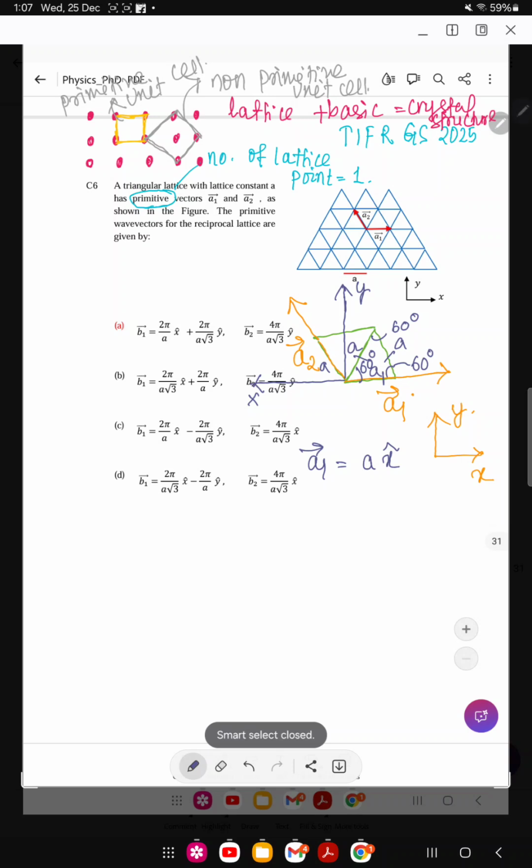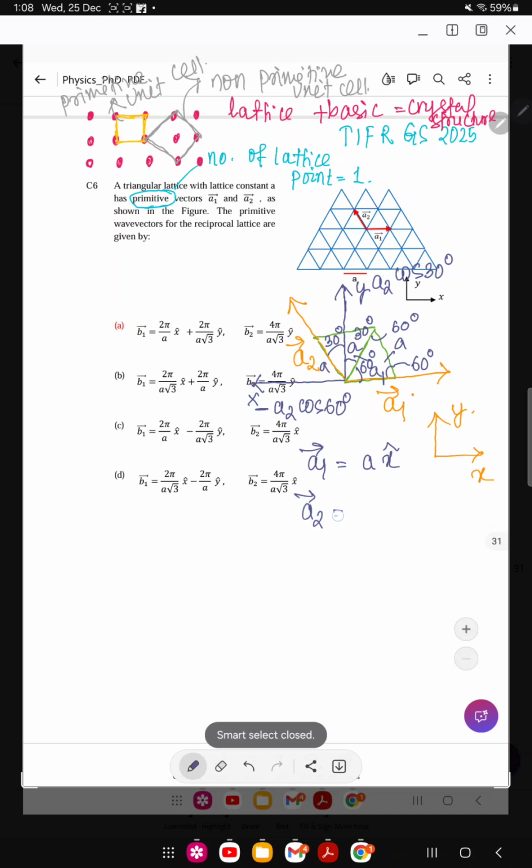Along y, as this angle is 60 degrees and it is perpendicular, this angle is 30 degrees. So along y it will be a2 cos 30 degrees, and along x it will be a2 cos 60 degrees, with a negative sign to give the direction.